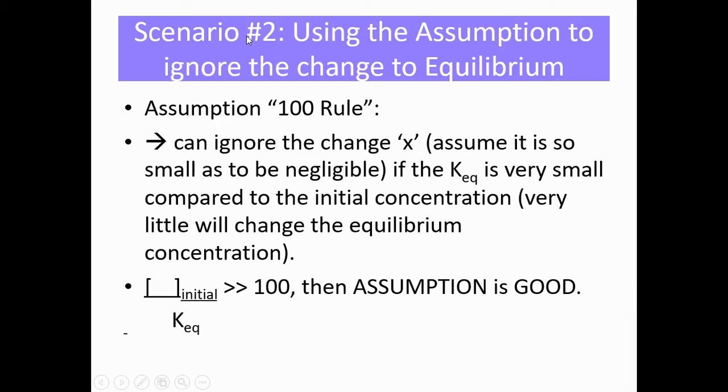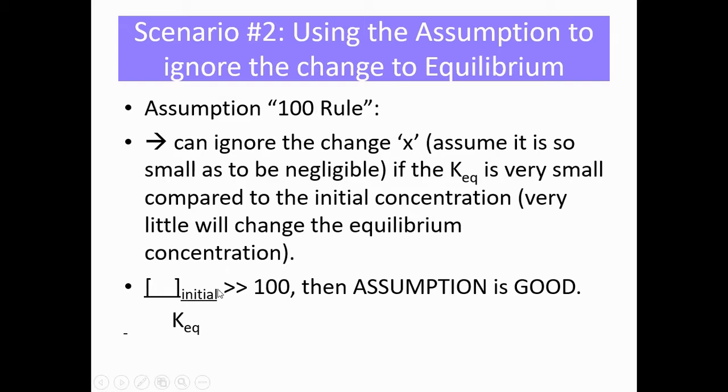Okay, scenario number 2. So we're going to use the assumption to ignore the change in equilibrium. We're going to talk about the assumption 100 rule now. You can ignore the change x, assuming it is so small that it can be negligible, if and only if the KEQ is so small compared to the initial concentration that very little of the initial concentration is converting into the product.